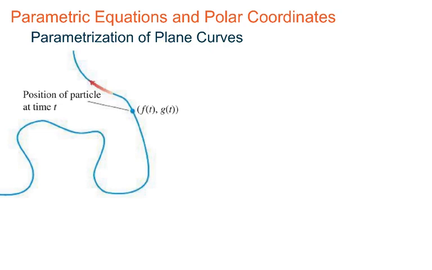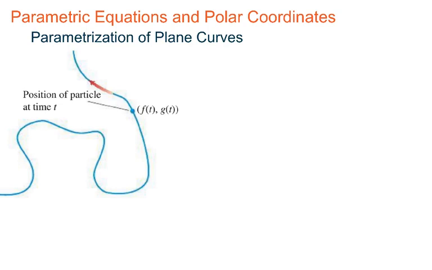So what we'll be dealing with in this unit is we'll have maybe an x equation in terms of t, or f in terms of t, and then maybe a y in terms of t, or g in terms of t. So we could have these two separate functions. The f maybe represents horizontal movement and the y represents vertical movement.